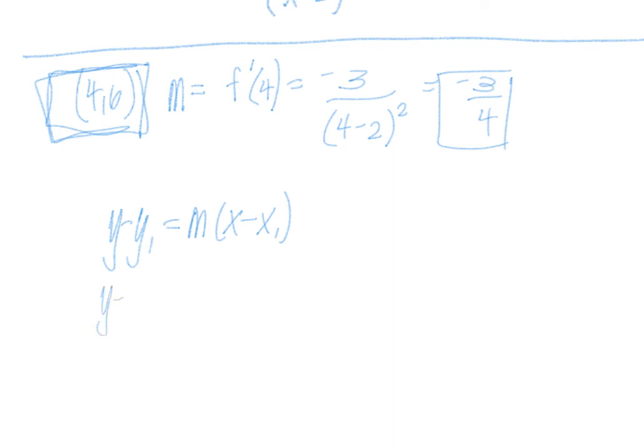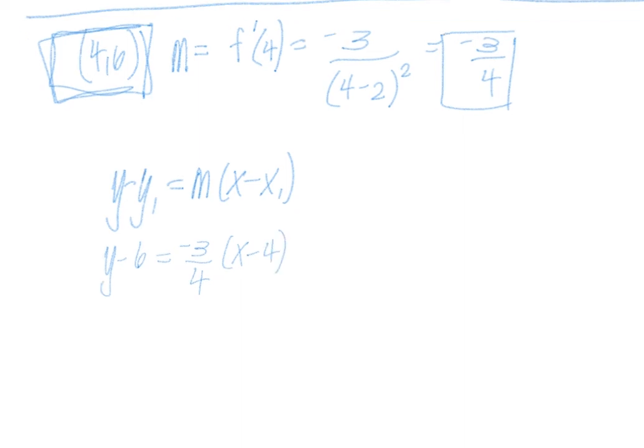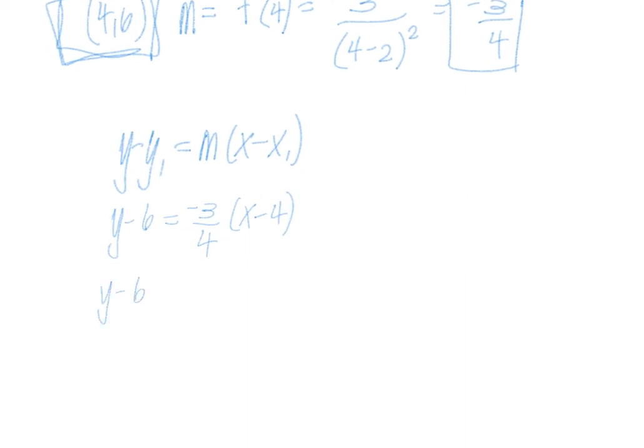So y minus 6 equals negative 3 over 4 times x minus 4. And we're going to distribute, we're going to get it in y equals form, but I'm going to distribute that slope to the x and to the 4. It's going to become positive, and negative 3/4 times negative 4 is positive 3.